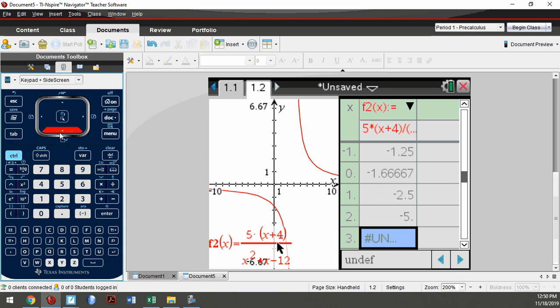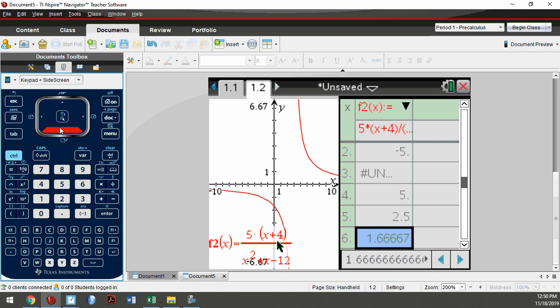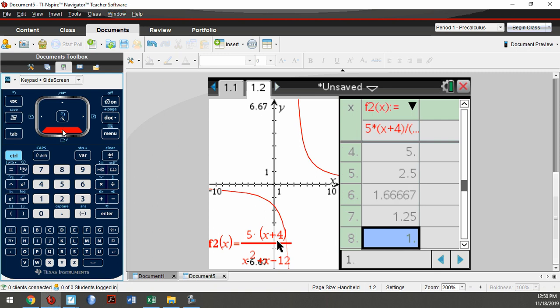Then I have the other side that I have to go down through. That's going to be 4, 5, 6, 1 and 2/3, 7 and 1.25, 8, 1. Do we see that?